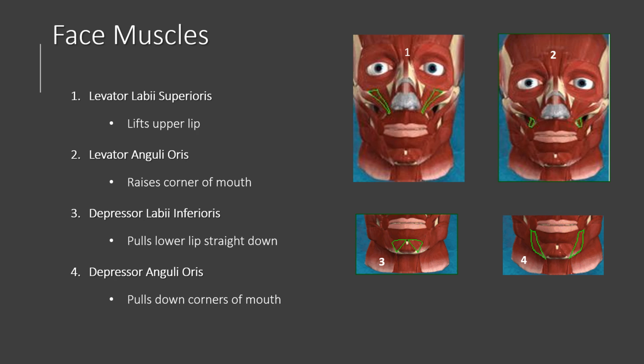So that pulls the lips straight down. And then we have depressor anguli oris, which pulls down the corners of the mouth. So depressing the angle, the corner of the mouth is pulling the corners of the mouth down, making you look very miserable.